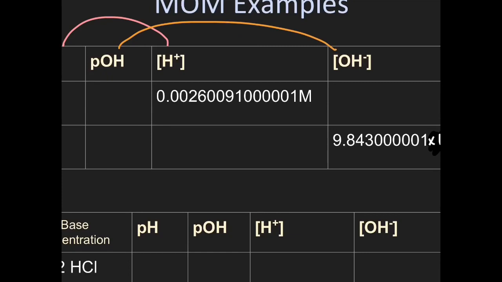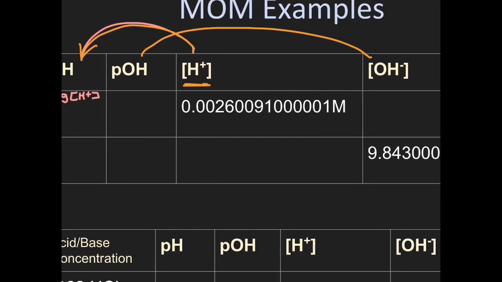What we're going to do is go back and forth between these in order to fill out the whole table. All you need is one cell of this table in order to find the other three. If I'm given the H plus concentration here, then I can get to my pH. How do I go back from concentration? Remember, that's where we have our negative log of the H plus concentration.